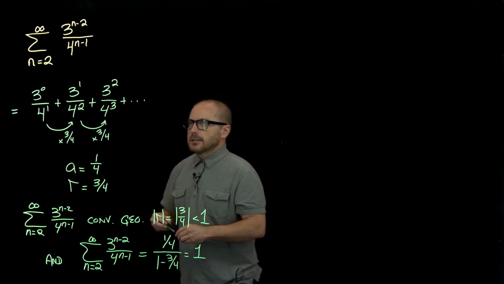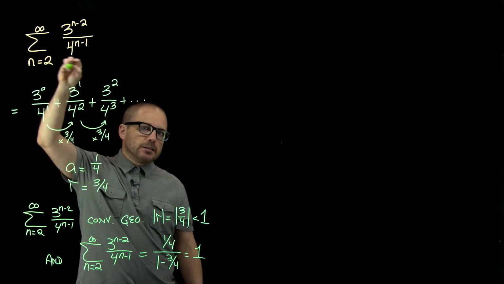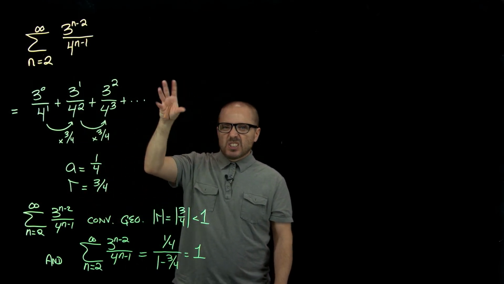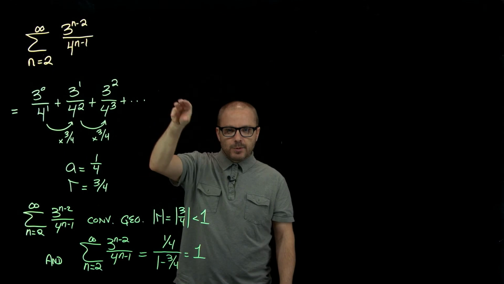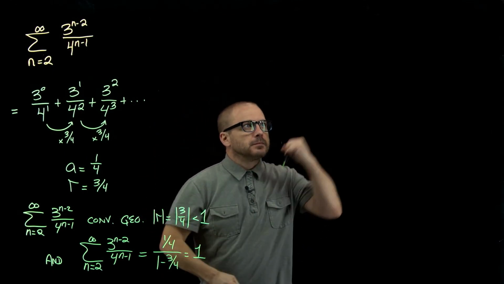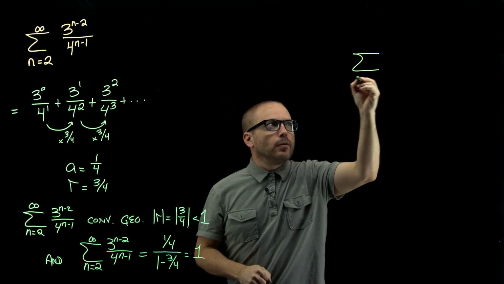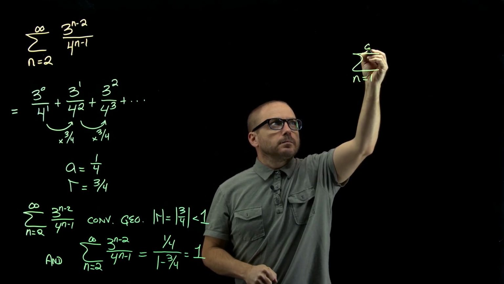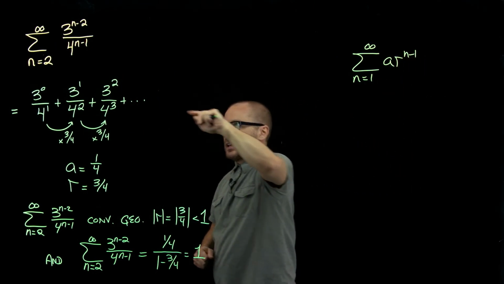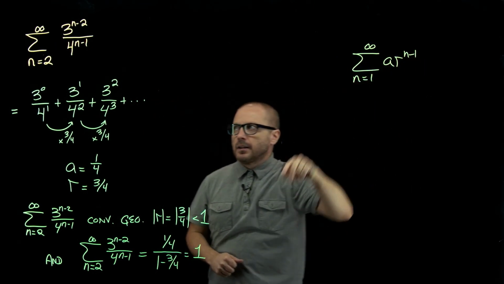Now, let's look at how we could maybe spot that this is geometric without even writing out some terms. It doesn't look like a times r to the n minus 1, like the standard one I wrote before. It doesn't quite look like that, right? So I can't just look at that and figure out what a and r are.